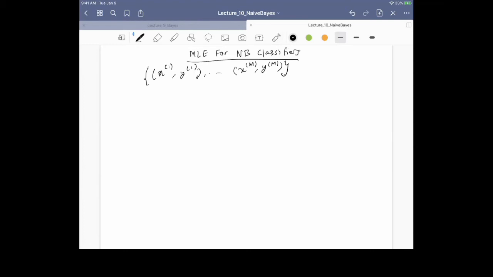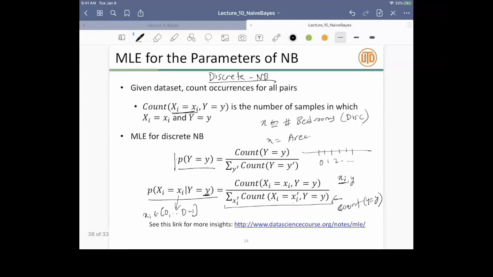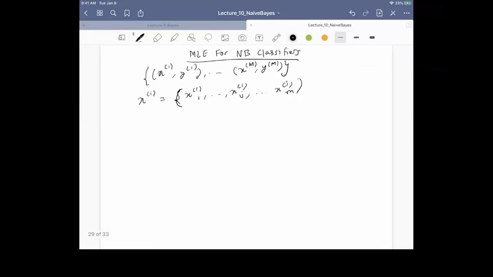Each xi over here is a feature vector, so this is xi1 until xij, until xi small m. Let me define the notation first: capital M is the number of training examples, and small m is the number of features.